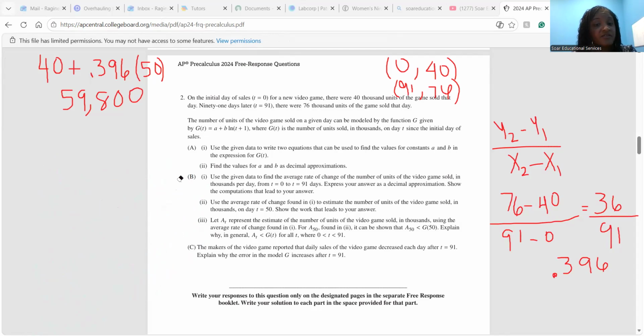Well, but that's not reality of this problem. They gave us the function for this problem, and it's a natural log. So it has a curve. It's not a constant rate of change. So if you actually use that natural log formula, we do know A is 40. We solve for B, which was about 7.96. And we're doing the natural log of 50 plus 1, which is 51.